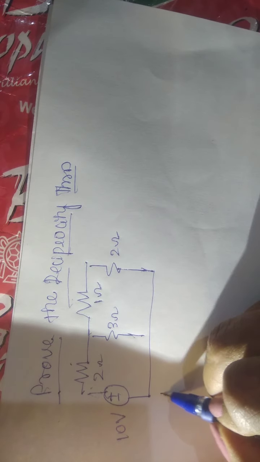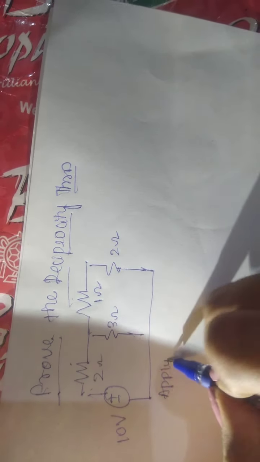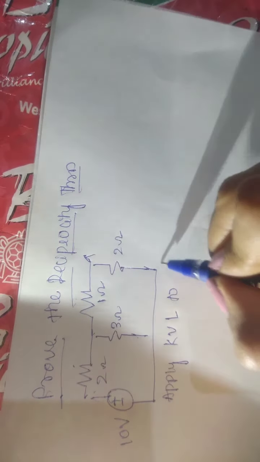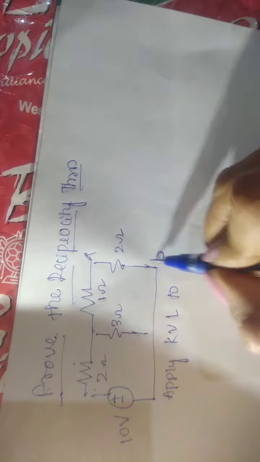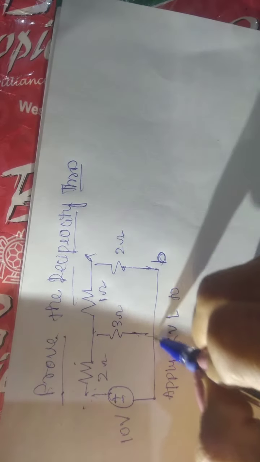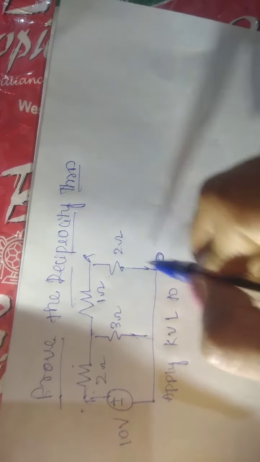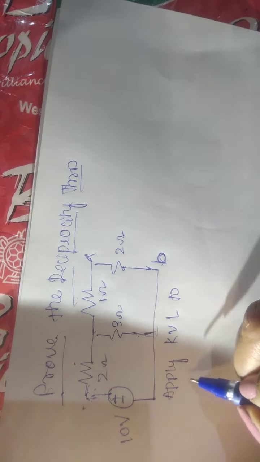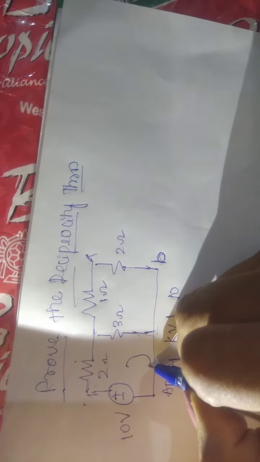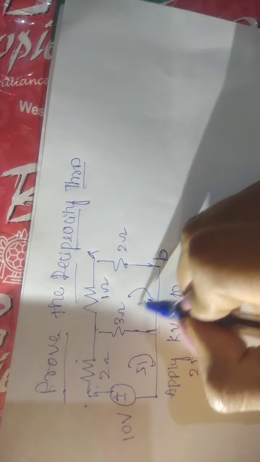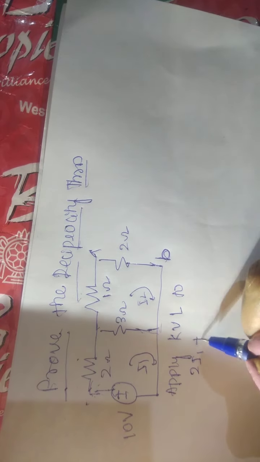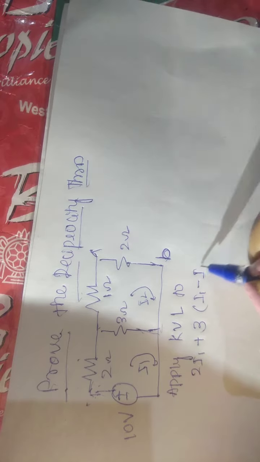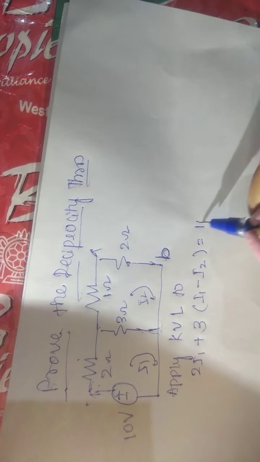Apply the KVL. A and B are the two network terminals. It is mesh 1 and this one is mesh 2. Apply KVL to that: 2I1, the current, I2 plus 3 common here, I1 minus I2 equals 10 volt.